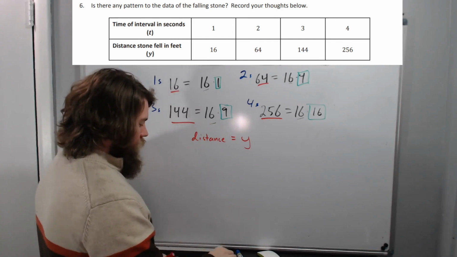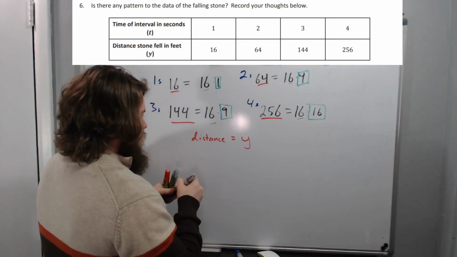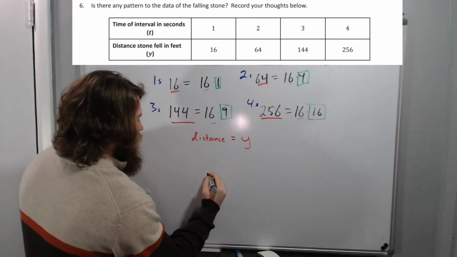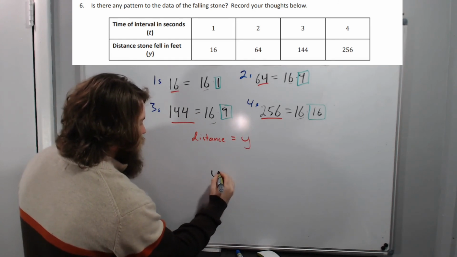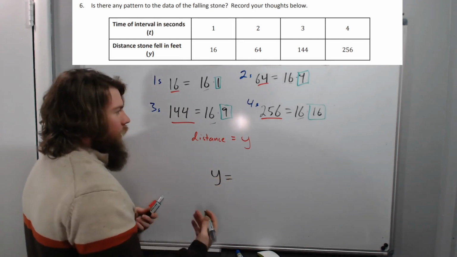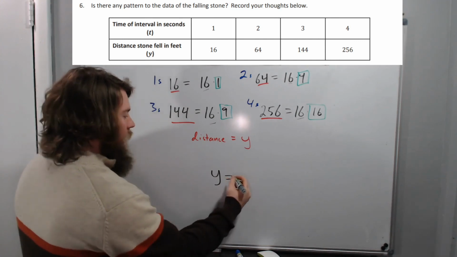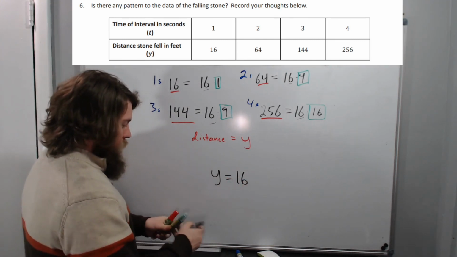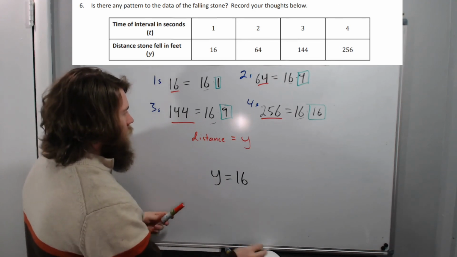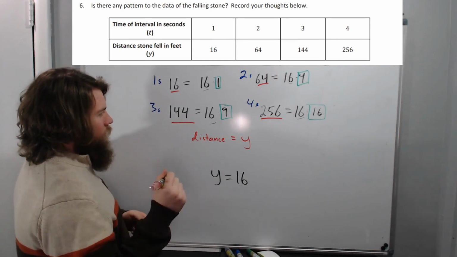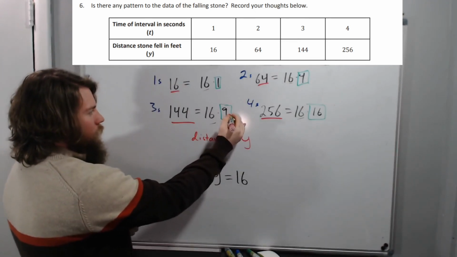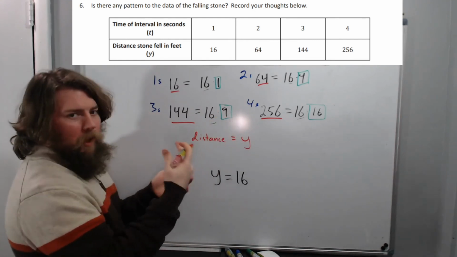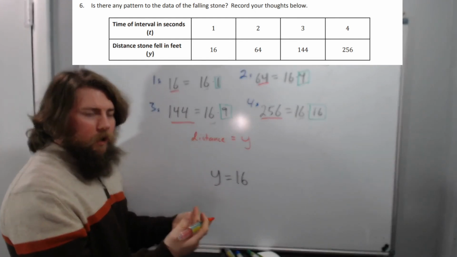So let's see. I'm going to start the equation down here. Y equals. So we know whatever we do, we have to multiply by 16, okay? Great. Then we had our number here, which we said was our time multiplied by itself, or our time squared.